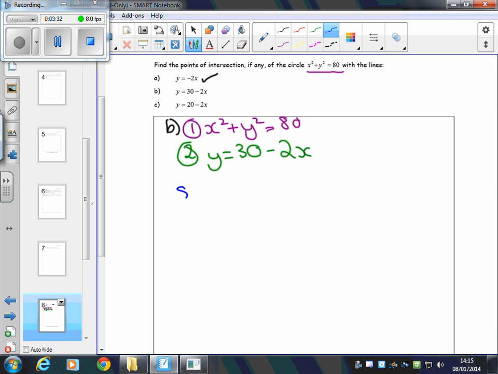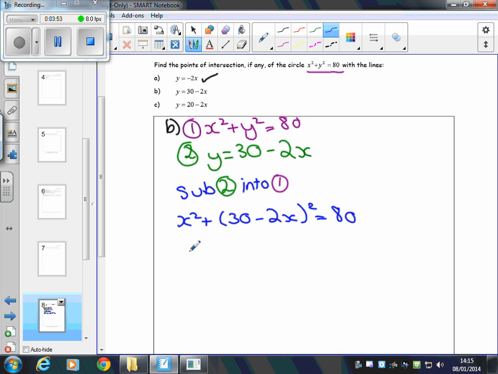But we're still going to sub equation number 2 into our first equation. So this gives us x squared plus 30 minus 2x squared equals 80.